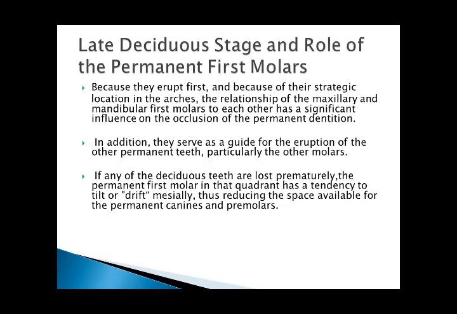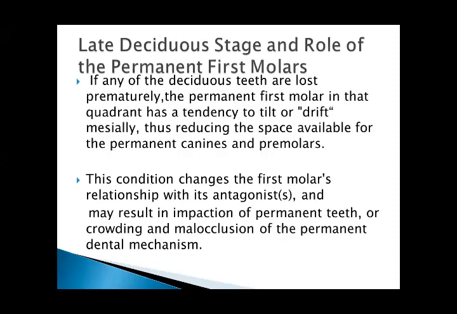In addition, they serve as a guide for the eruption of the other permanent teeth, particularly the other molars. If any of the deciduous teeth are lost prematurely, the permanent first molar in that quadrant has a tendency to tilt or drift mesially, thus reducing the space available for the permanent canines and premolars.